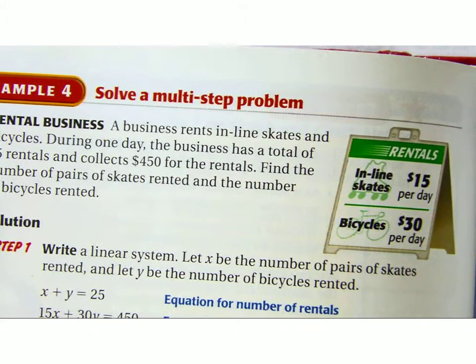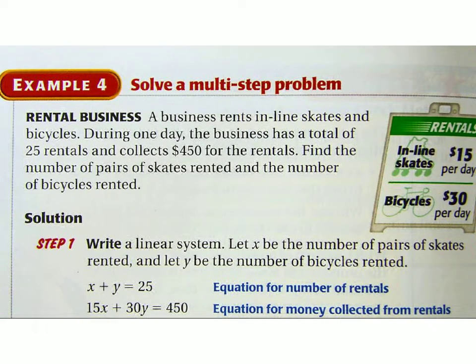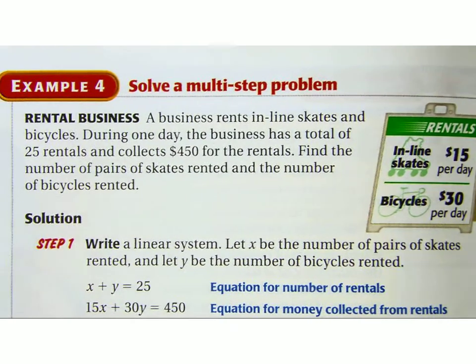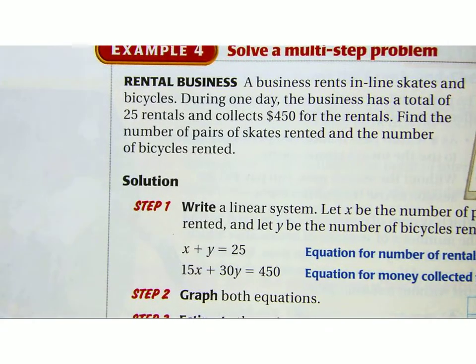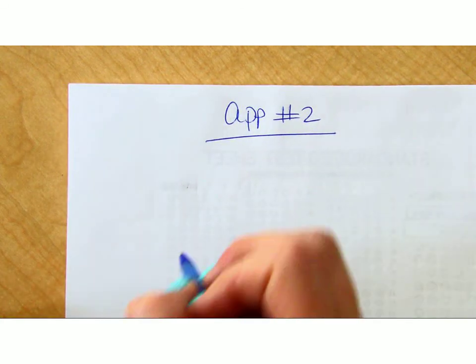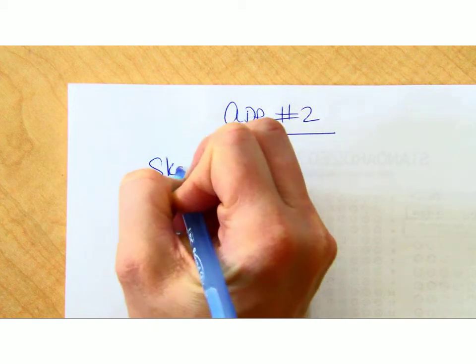All that information that I just gave you was here. Skates were 15, bikes were this. You collected. So I want you to write that information down right now. Here's what you're gonna look at. Where are we at? So skates are 15.